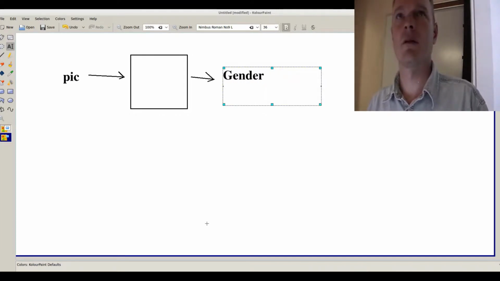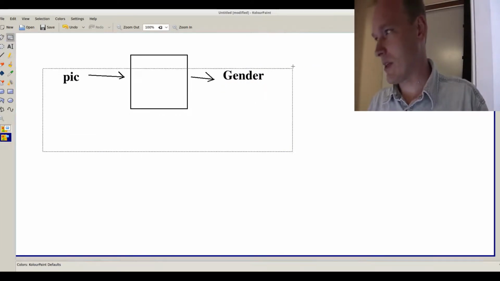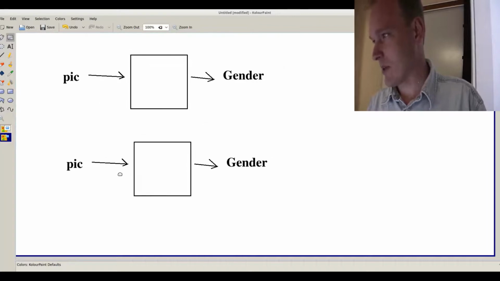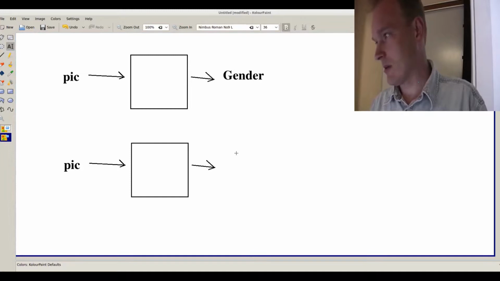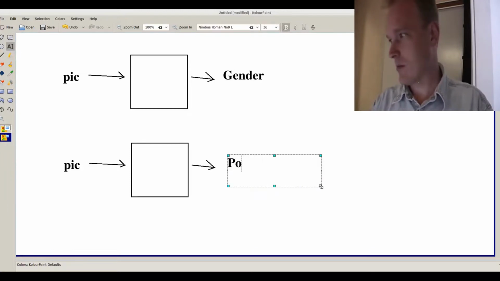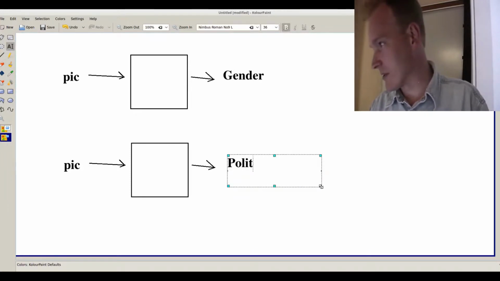Gender? And let's suppose another task that you have is to take a picture of a human and predict political affiliation.